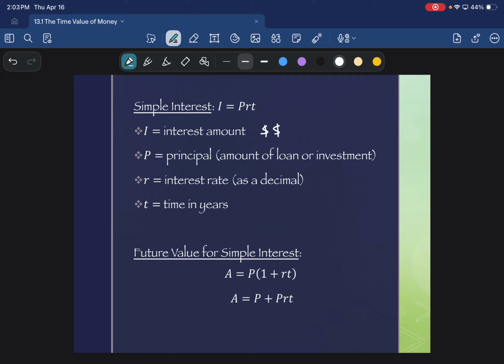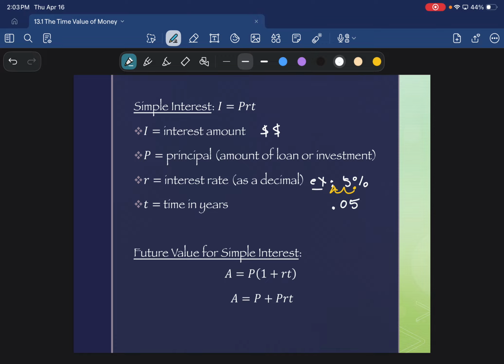R is our interest rate as a decimal. For example, let's say we have 5%. Then our decimal would be understood to be after the 5. We would turn this percent into its decimal form, and its decimal form would be 0.05.